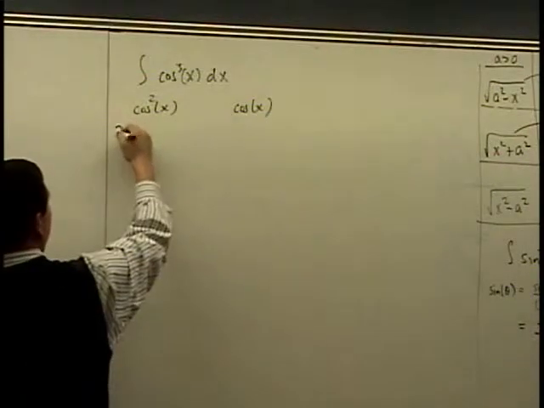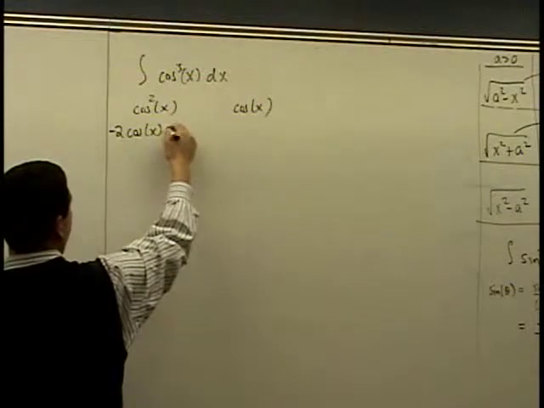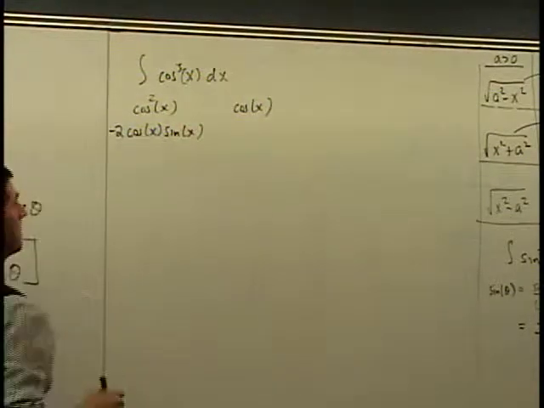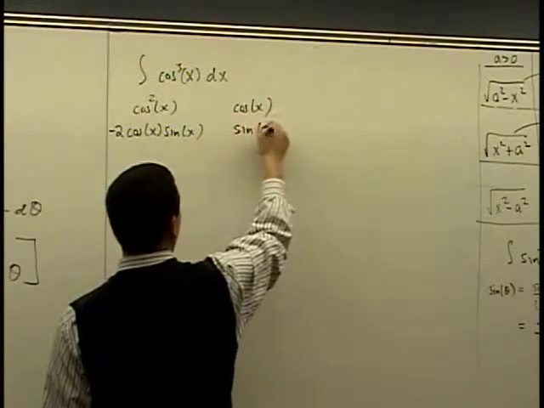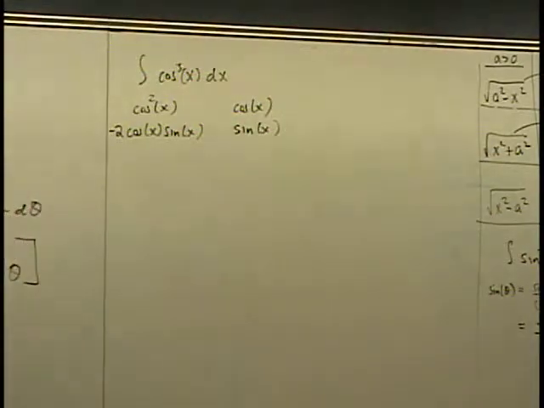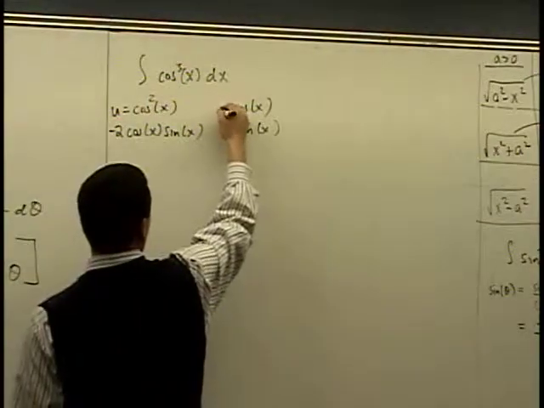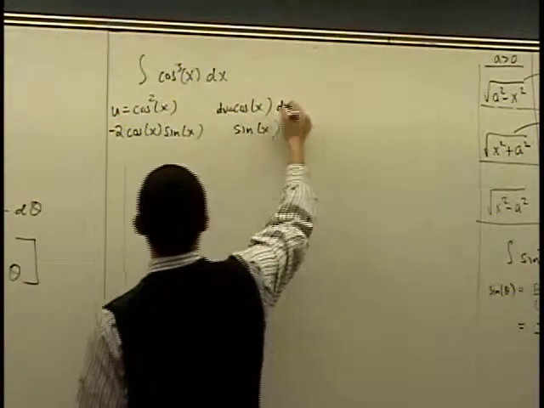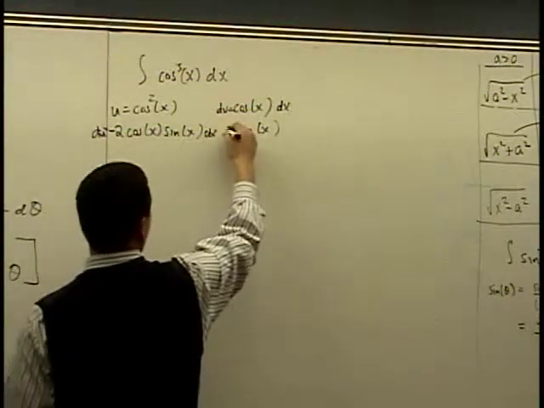The derivative here is going to be 2 cosine of x times minus sine of x. And over here we get the integral, sine of x. So this was our u, this is our dv, right? This is du, this is v.